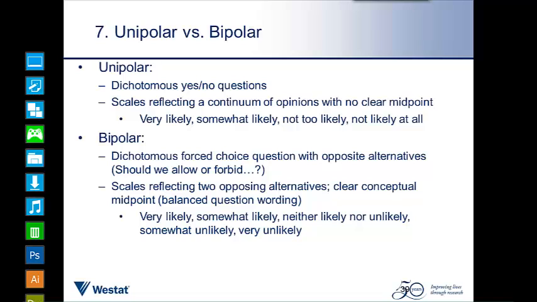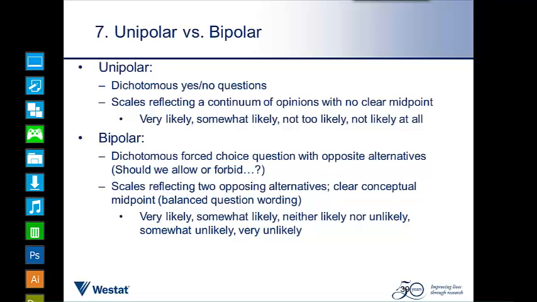I often grapple with this likelihood scale that I have on here. What dimension am I trying to measure? Am I trying to measure the extent of likelihood, and maybe it's very likely, somewhat likely, not too likely, not likely at all? Or am I trying to measure the polar opposites? What percent are very likely to do something versus the percent that are very unlikely to do something?